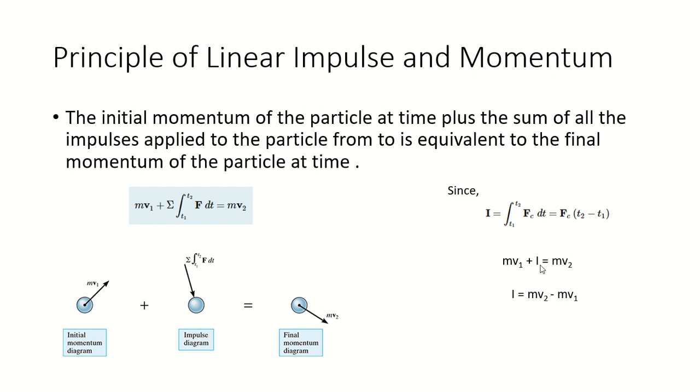If I want my impact for this, the sum of impact, or we can call it total impact, you're going to get mv2 minus mv1 here. So your first momentum is subtracted from your second momentum, and you're going to get the sum of all the resultant impulse.